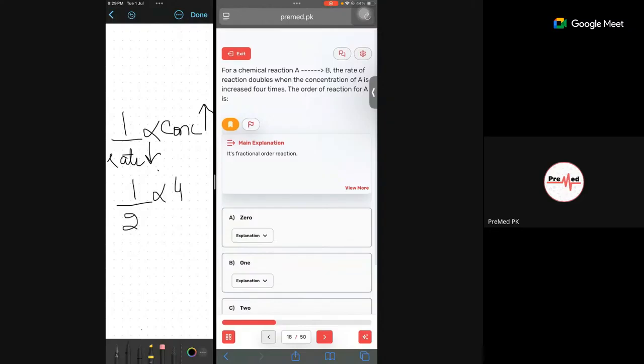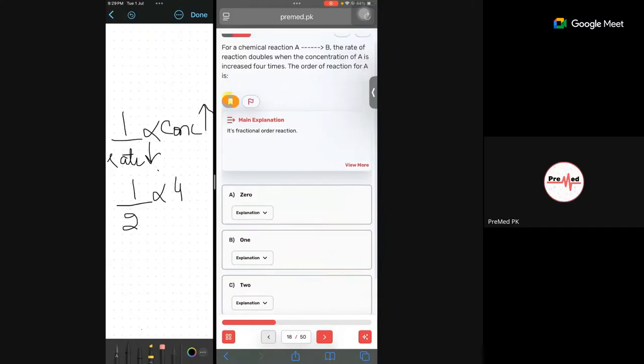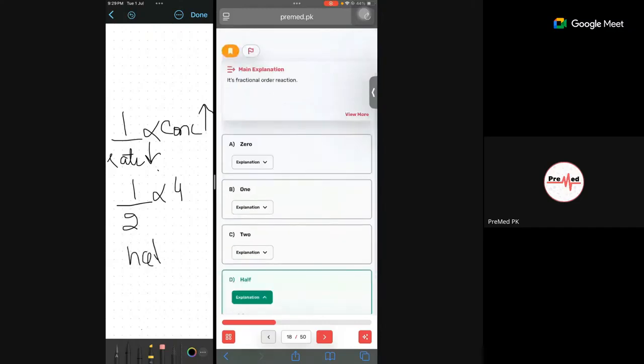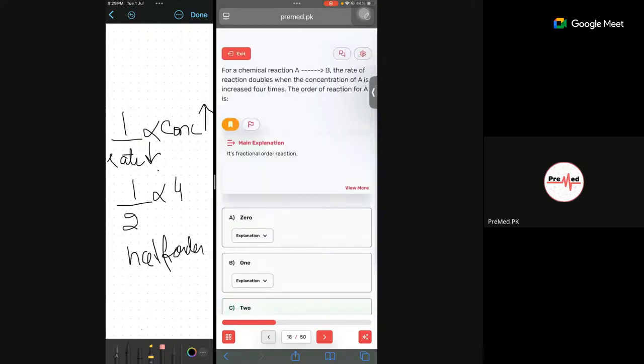So because of this, we say that it is a half order reaction. Why is it a half order reaction and not a second order reaction? Because in a second order reaction, if a quantity is doubling, the other quantity would also double with it. Okay, so it's going to be a half order reaction.